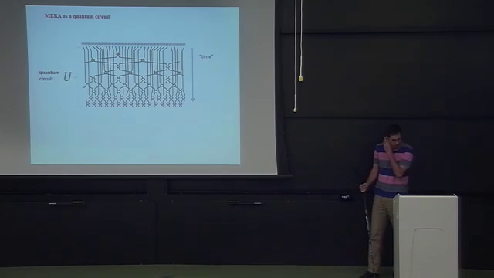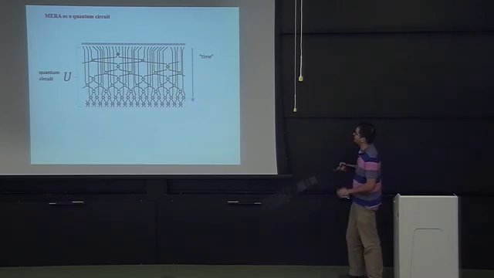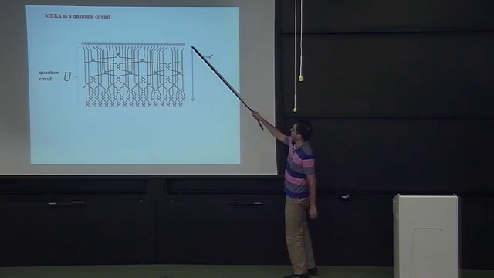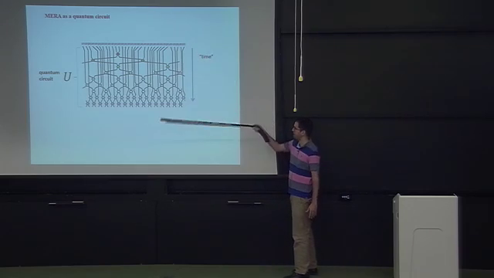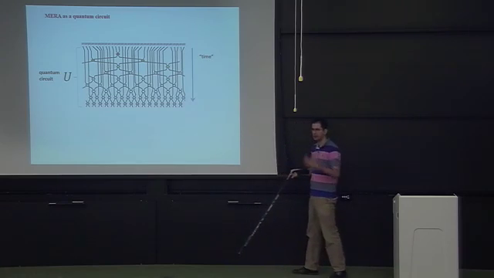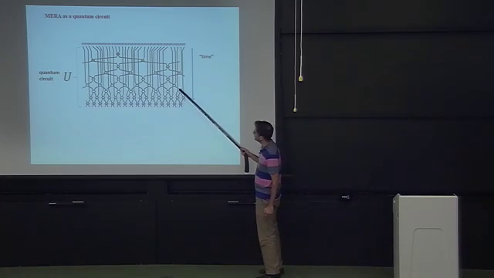Specifically, let's think about this as a quantum circuit. And this time, the time of the quantum computation is fictional. It's not time in your quantum system down here. It's just some parameter that we use to characterize the quantum circuit.